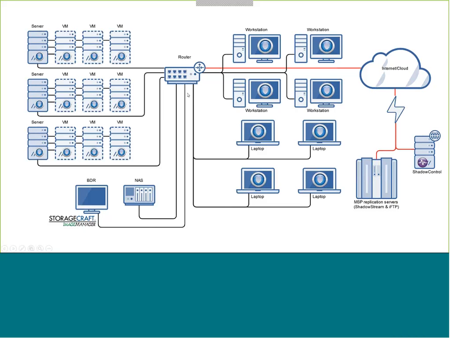But the more important thing that you need to take away from here is the StorageCraft backup agent, which is ShadowProtect. That can be represented by each of these little circular icons with the shield inside. That basically just indicates where you would need to install the backup agents. So in the case of virtualized infrastructure, you wouldn't just install it on the actual physical hosts.